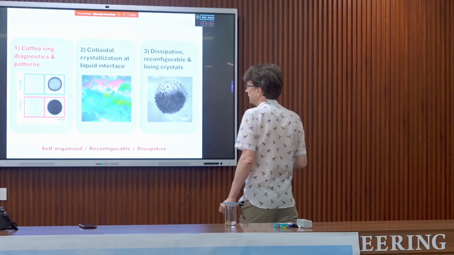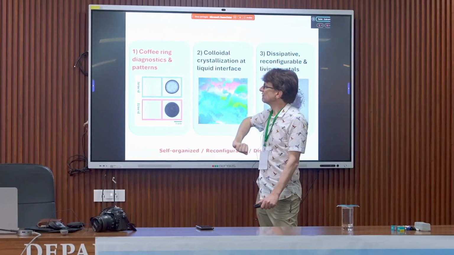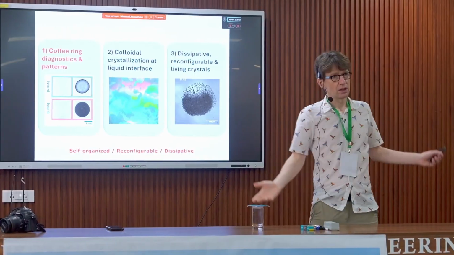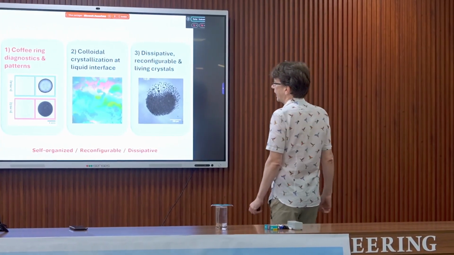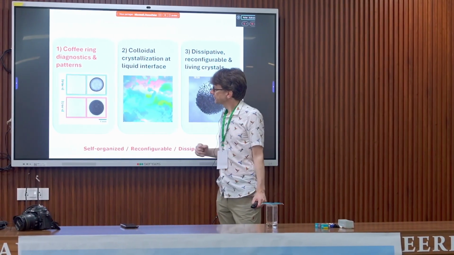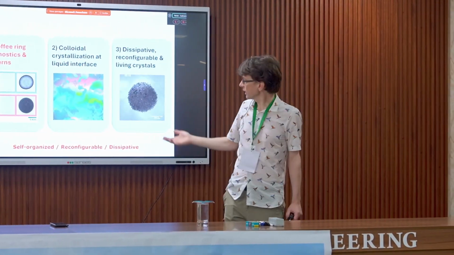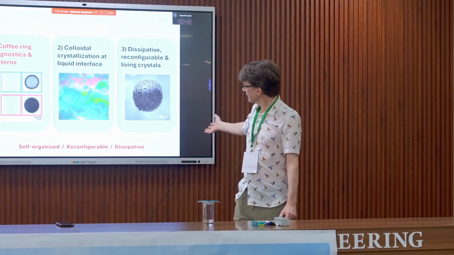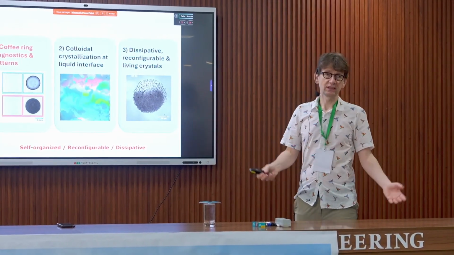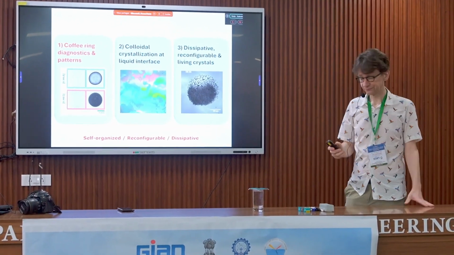The first part will be on something that is not so well organized, but quite interesting: the coffee-ring effect. We'll just show you a bit of what we can try to do with this coffee-ring effect. Then I will go to something much more organized, colloidal crystallization, and we will see that we can get some interesting properties, such as structural colors. And in the last part, I will speak about crystals that are dissipative and whose behavior is very similar to living systems, even if they are purely synthetic.